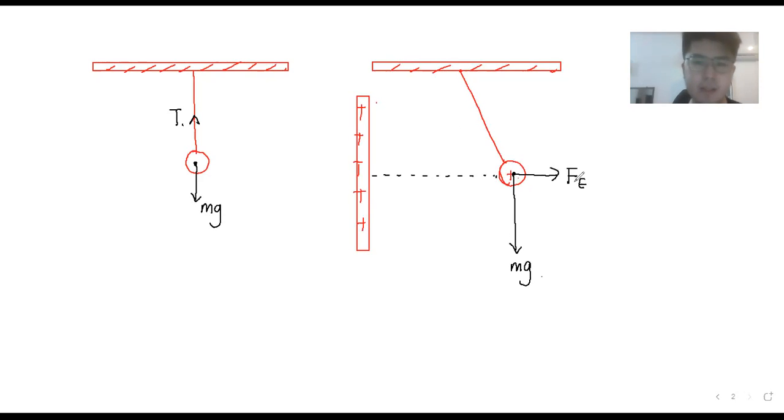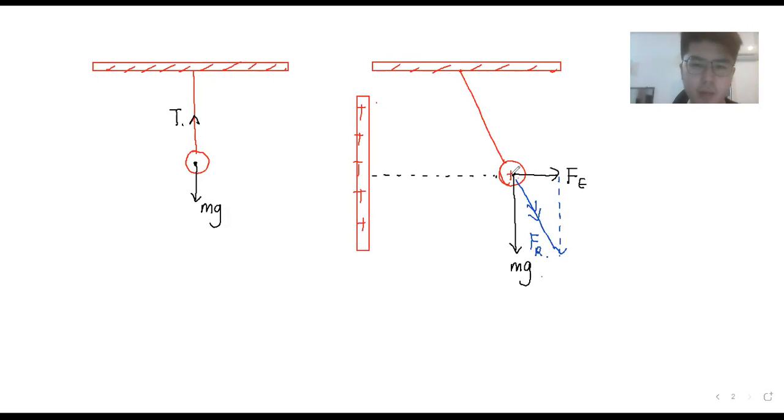Looking at these two forces, what is the resultant force? If you add these two forces up using vector addition, you will find that the resultant force is over here, pointing in this direction. I call it Fr.